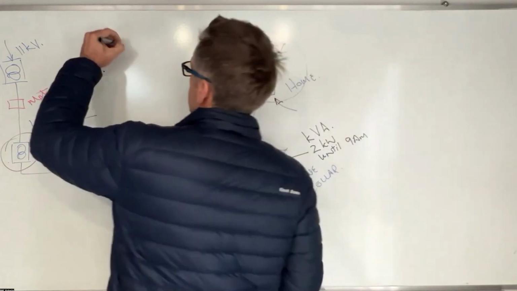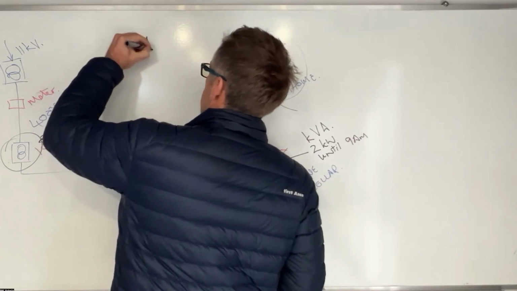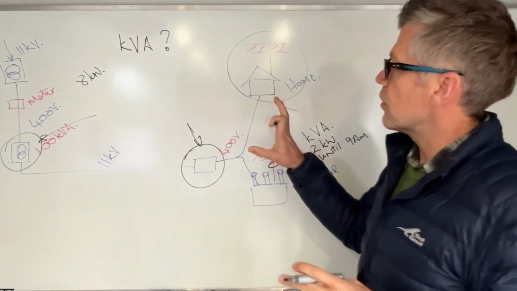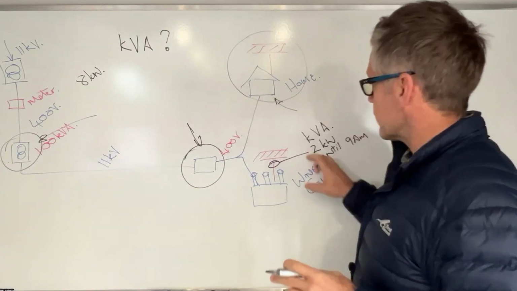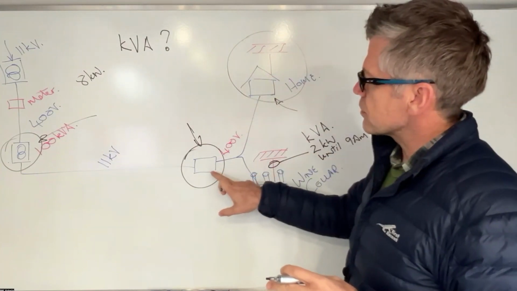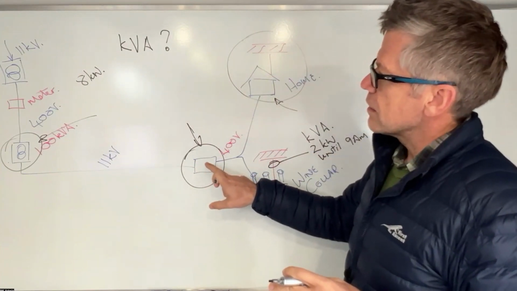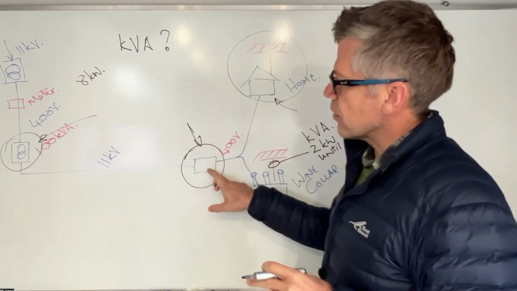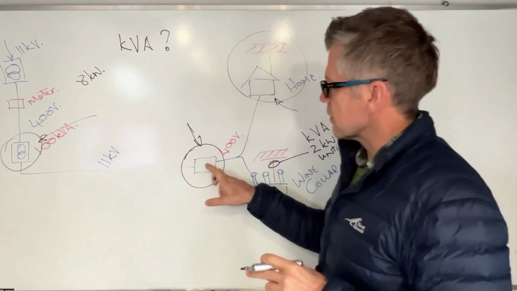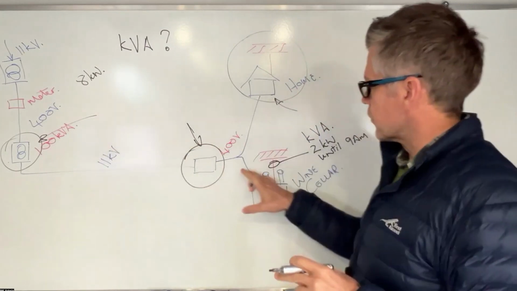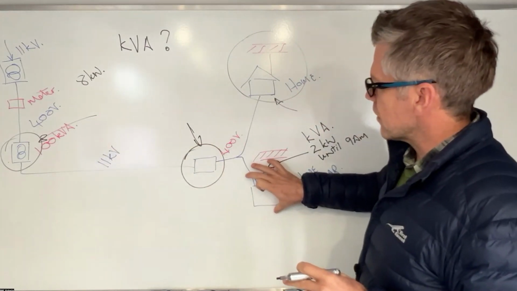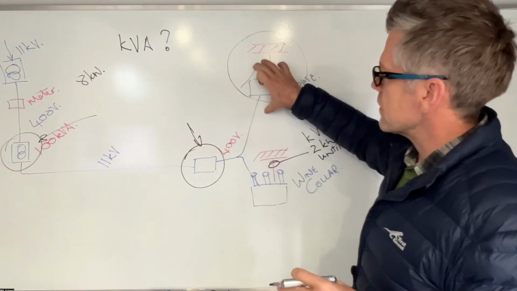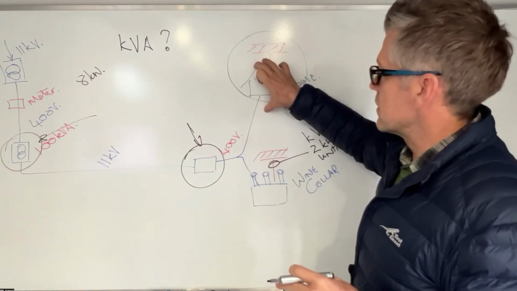So the big issue is KVA. We need to find where the issues are on the power factor, and then we need to try and find where the losses are. If the losses aren't there at this transformer and at that transformer, there has to be some additional losses that are not accounted for either at the wine cellar or at the residence.